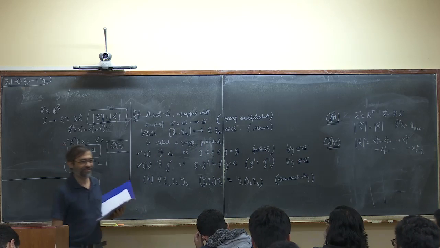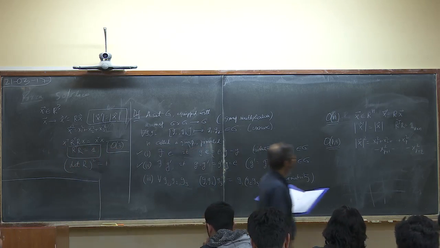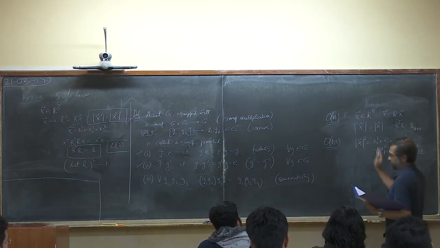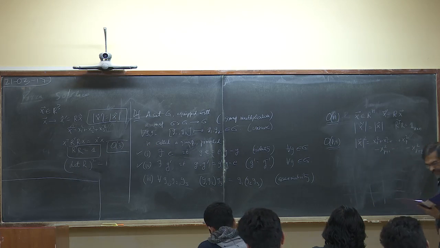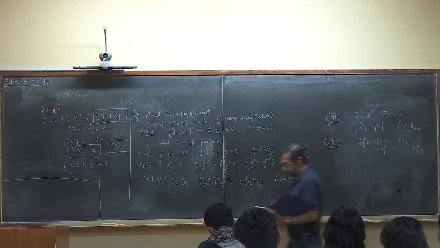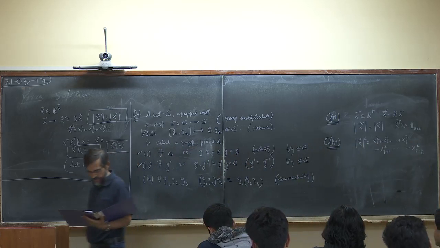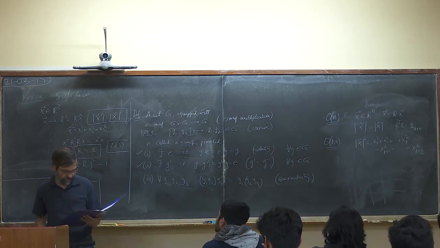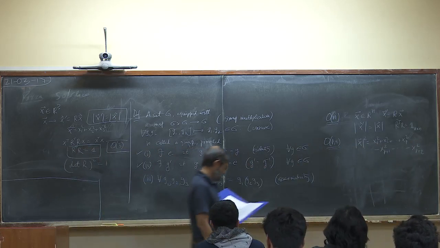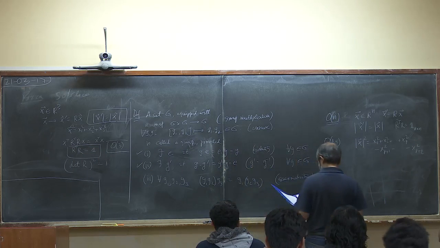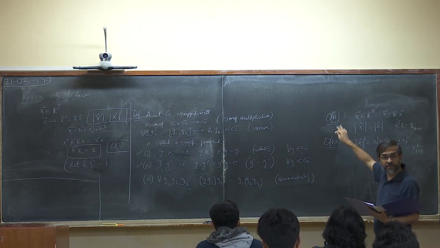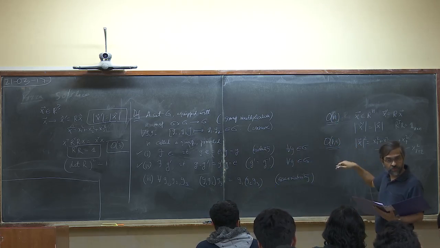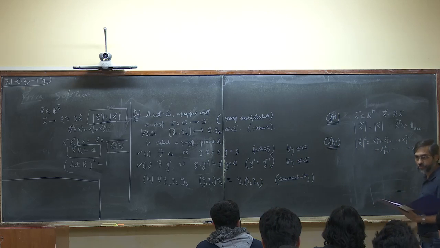O(3,1). Relativity. So that's relativity, and these will have various other applications, especially in relativity. And then of course there are the SO cousins of these, which I will come to in a moment when I talk about subgroups.